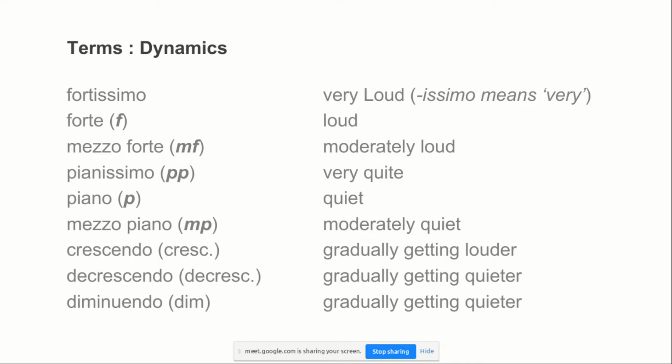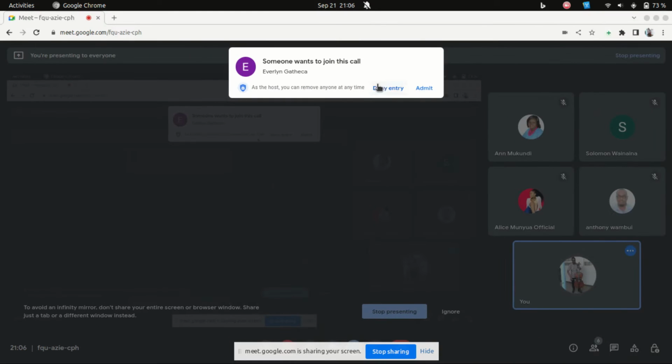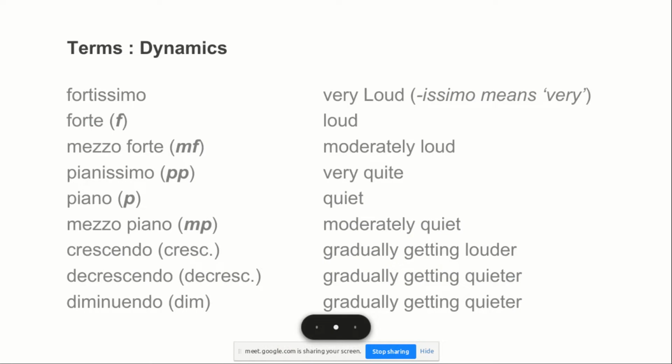Whatever the reason, when you want to express how loudly or how quietly a piece of music should be done or a section of music, you use what we call dynamics. And dynamics are used for singing music and also instrumental music.